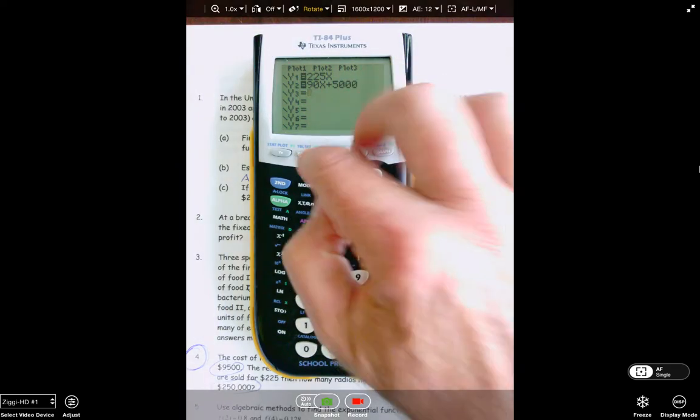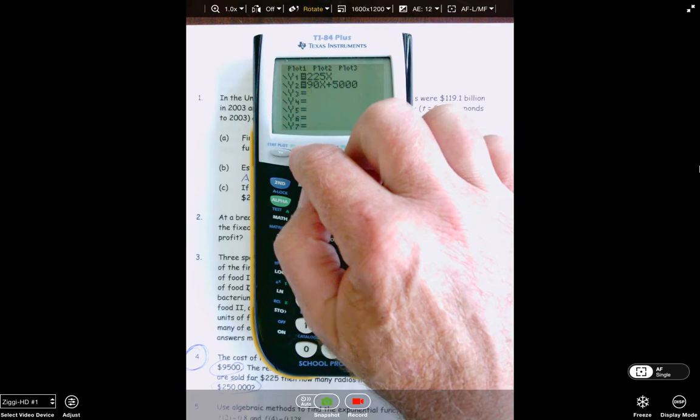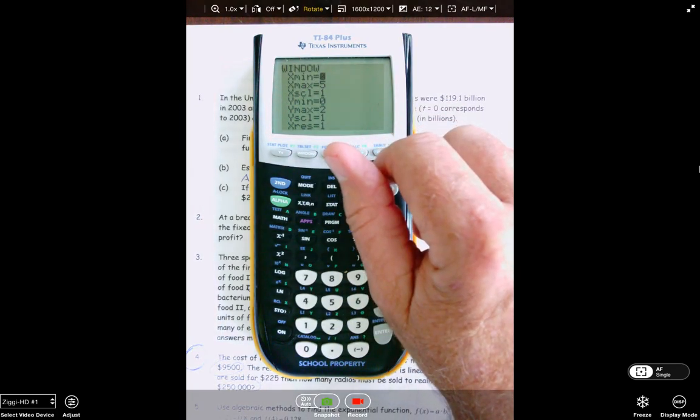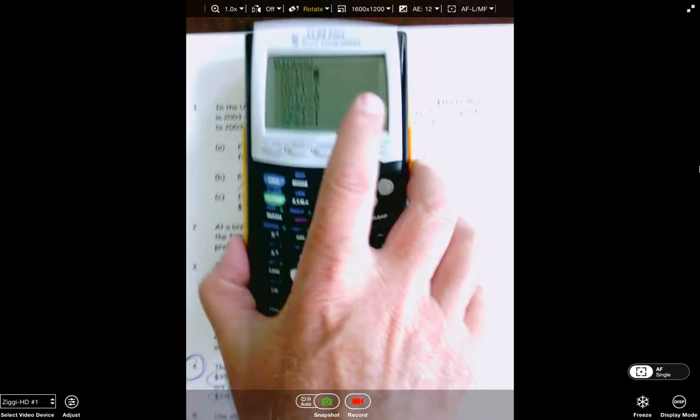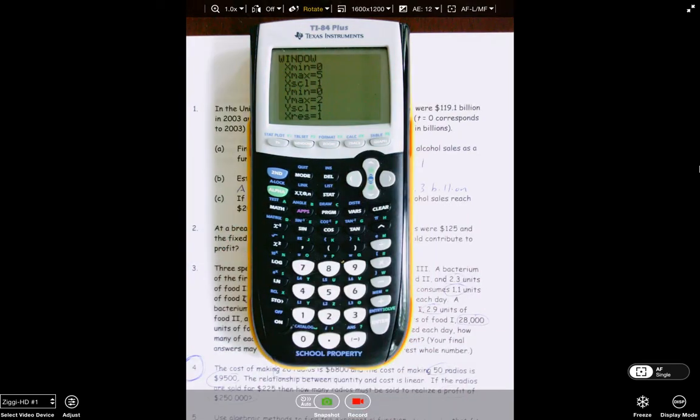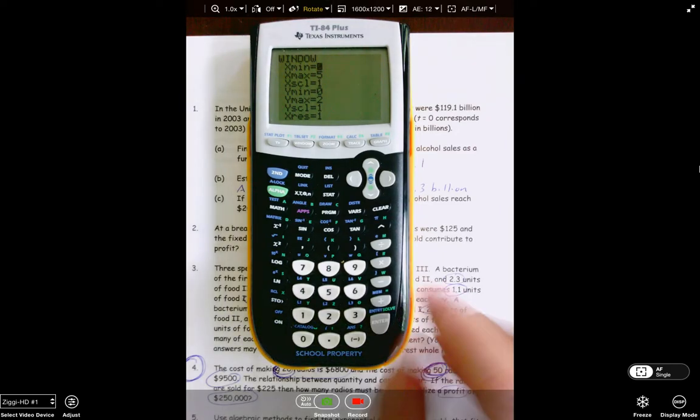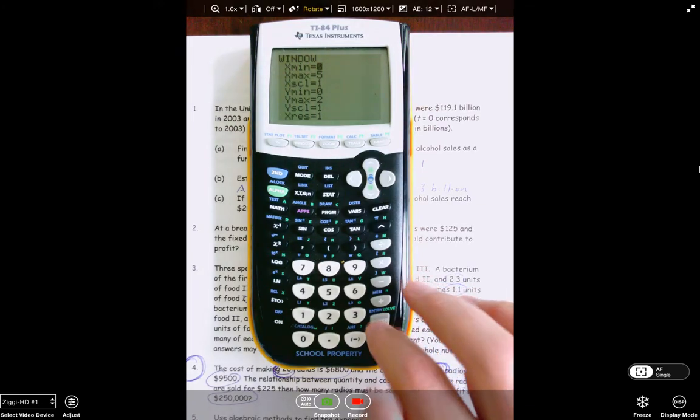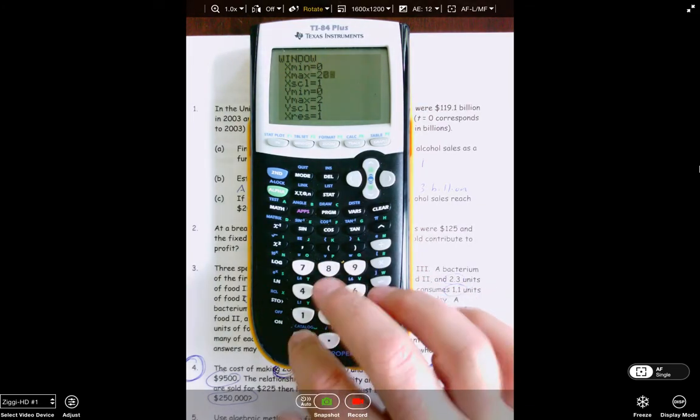Now, I got to get my windows set up correctly. Now, notice that my values for this problem were 20 radios and 50 radios. And then actually my answer ended up being around 1,900 videos. Okay, so I'm going to run this thing from 0 out to about 2,000.